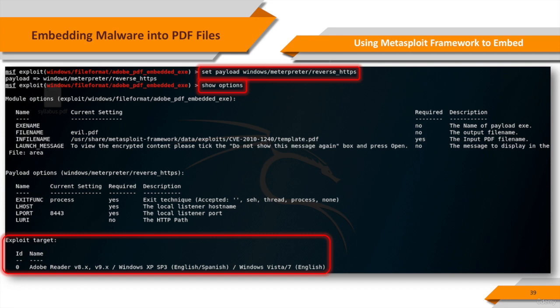Now the question is: can you find any device running an old version of operating system and an old version of the reader? The answer is of course. Do you remember the WannaCry ransomware attacks? The attack affected more than 300,000 computers across 150 countries, including the UK's NHS health systems.